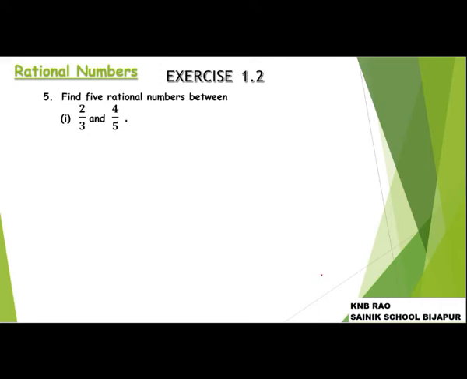So here again LCM of 3 and 5 is 15. We can choose 15 or we can choose a multiple of 15.